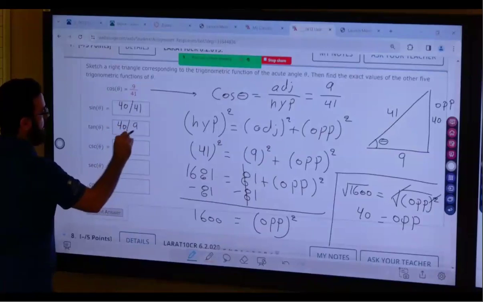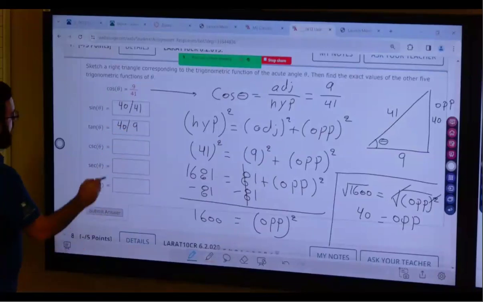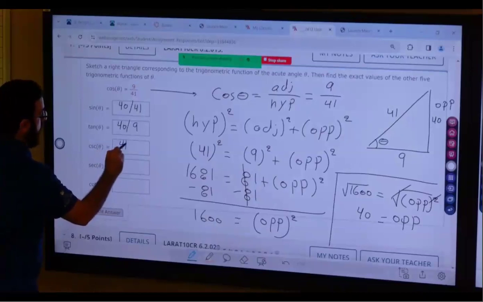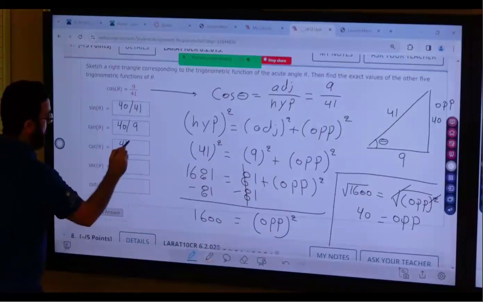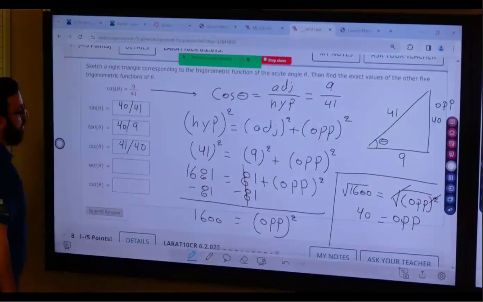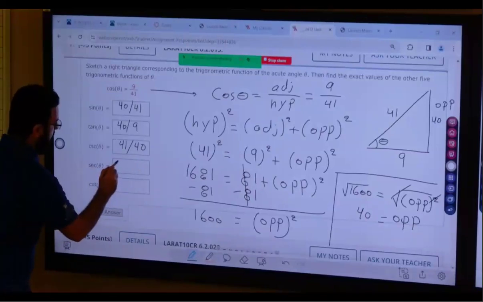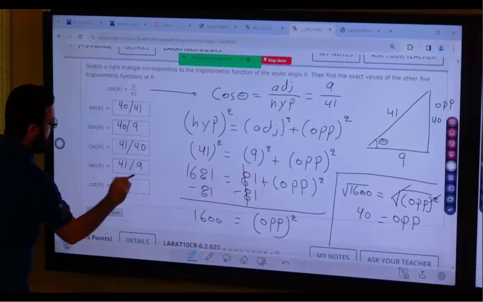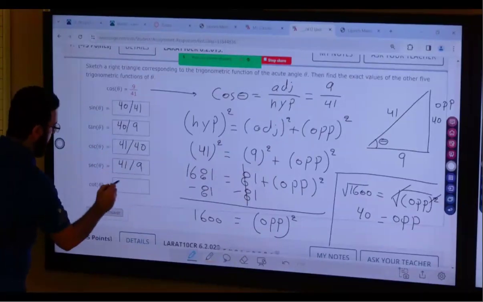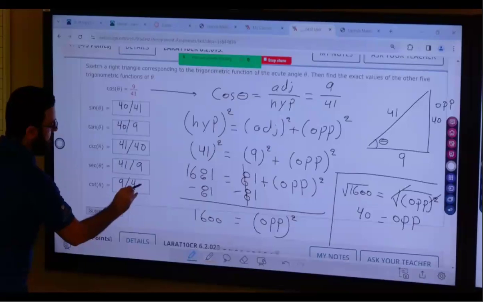Cosecant, 41/40. Secant, 41 over 9. Cotangent, 9 over 40.